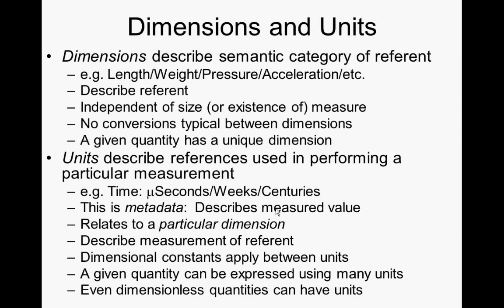Now, we can convert between units. We can convert a meter to feet, something measured in meters to something in feet, and we do that routinely. We can convert something measured in microseconds to something in years. Dimensions, we don't have that, so we do this conversion for units by multiplying by some value. We convert inches to centimeters by multiplying by 2.54, right?